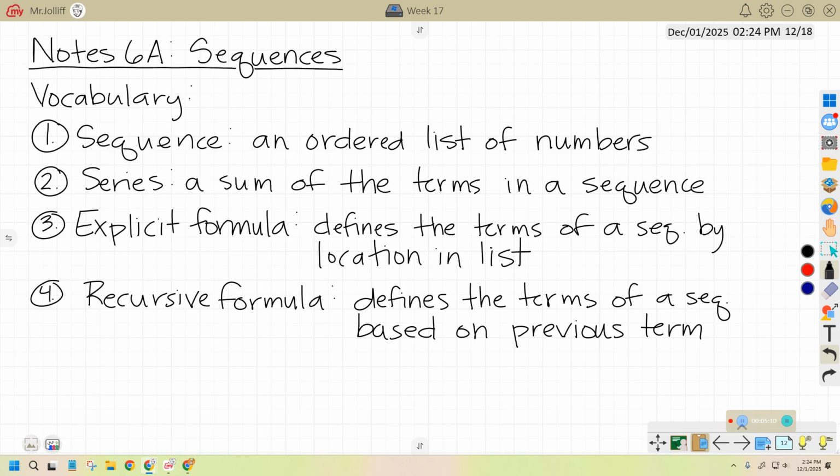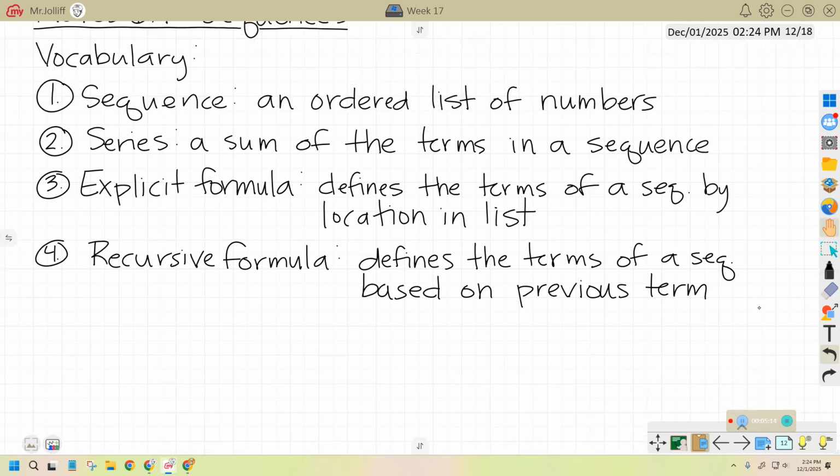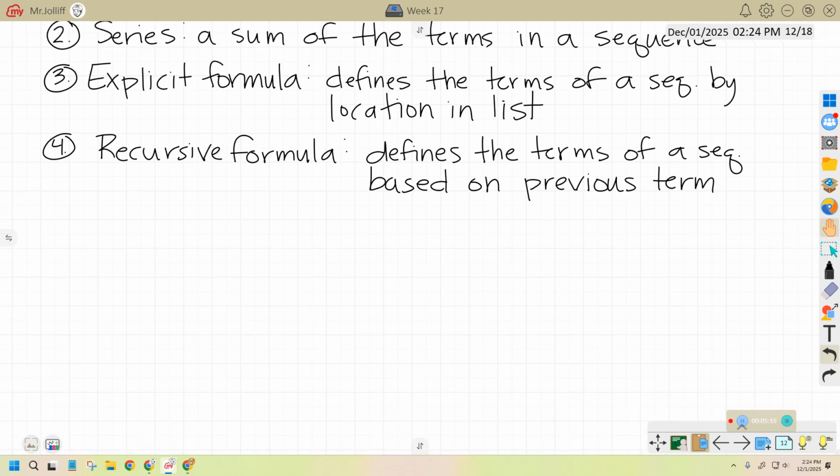Okay, so we're going to do an example of both types so that you can see what explicit and recursive look like.